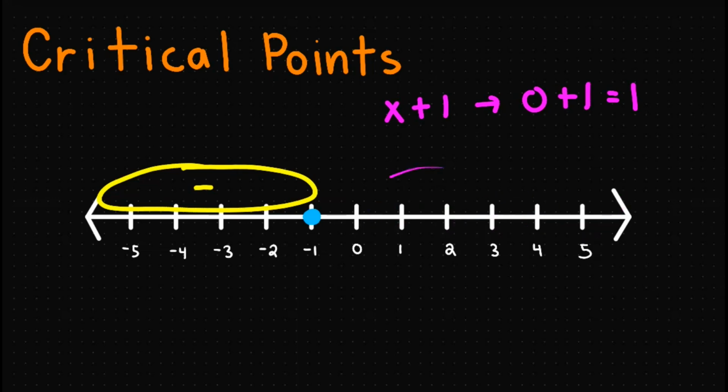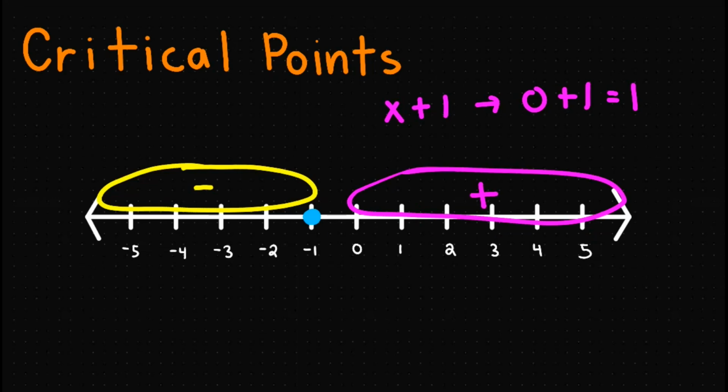Therefore, we say that this region is positive. The critical point is the point where our given expression is 0, so it's the point of shift of signs. That is essentially how critical points work.